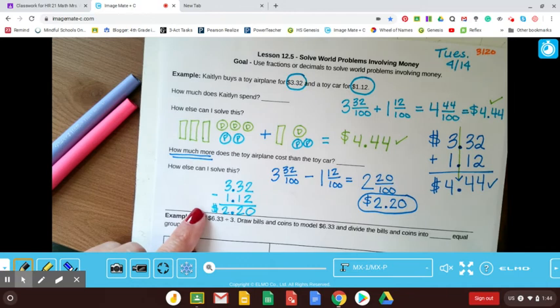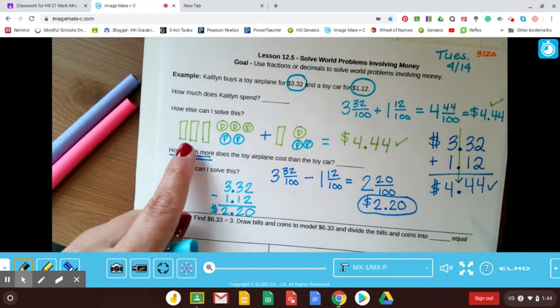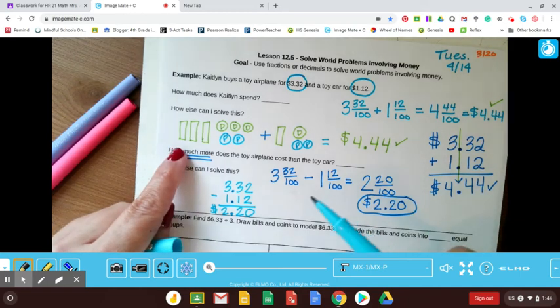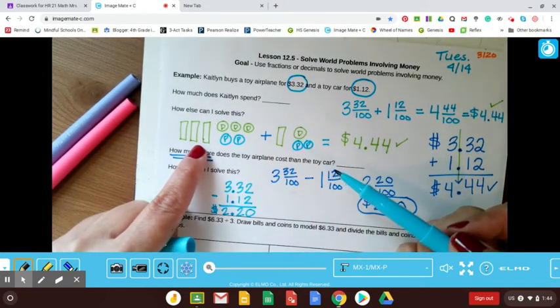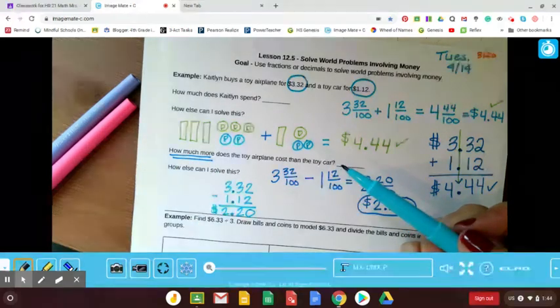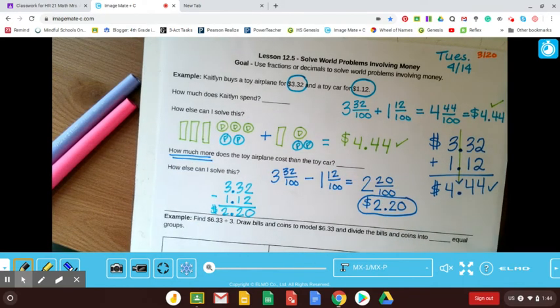And I could have also solved that using a model. I could have drawn out all of my dollar signs and then taken away all of my dollar bills and then taken away my $1 and 12 cents, and I would have been left with $2.20 as well.